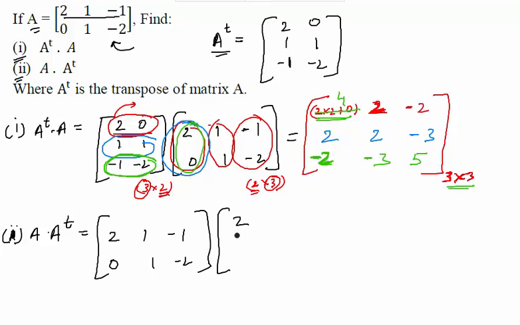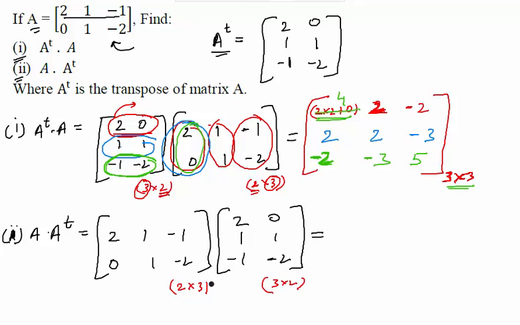A transpose is 2 1 minus 1 and 0 1 minus 2. Again, let us first of all look at the orders of these matrices. The order of the first matrix is 2 cross 3, 2 rows and 3 columns, and the order of the second matrix is 3 cross 2.